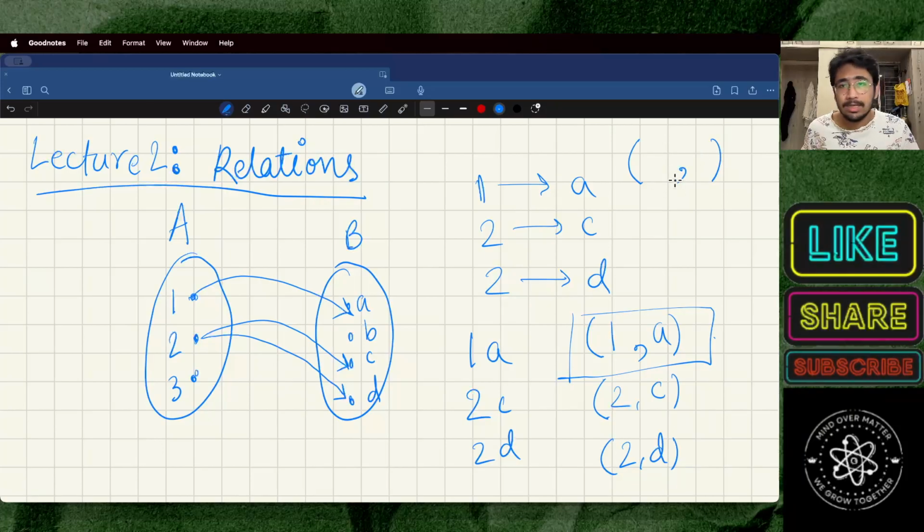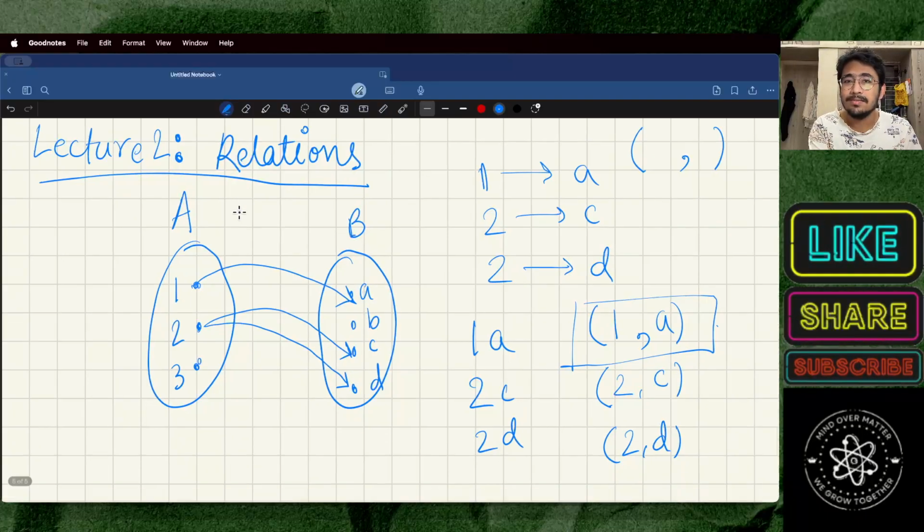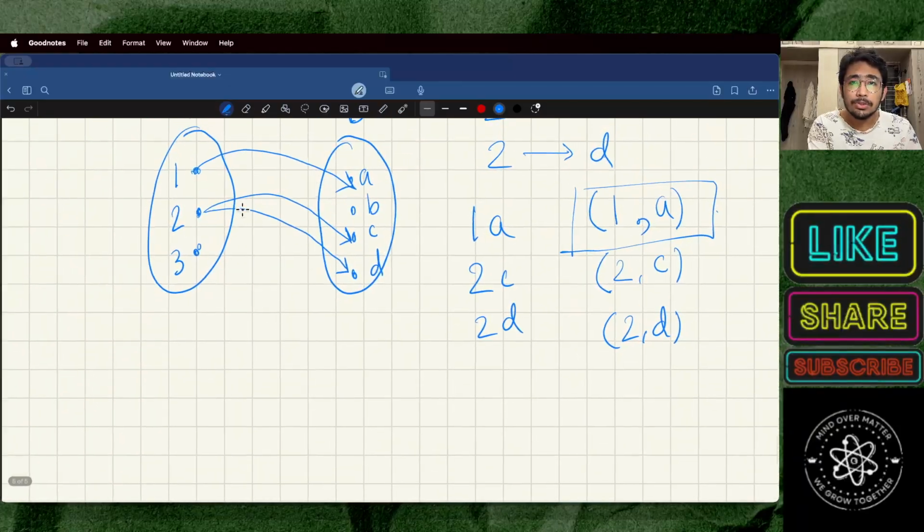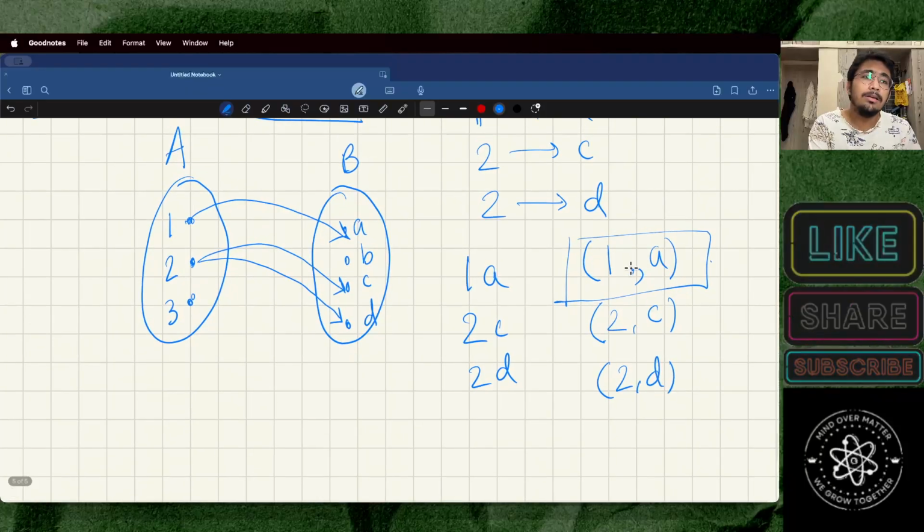That means you cannot add anything inside a tuple after you define it, and you cannot take anything out of it. So when I'm writing 1 comma a, this tuple is 1 comma a, and you cannot change it. That's a formal definition, but we are not interested in that. I hope you are getting some familiarity with Cartesian product with this notation.